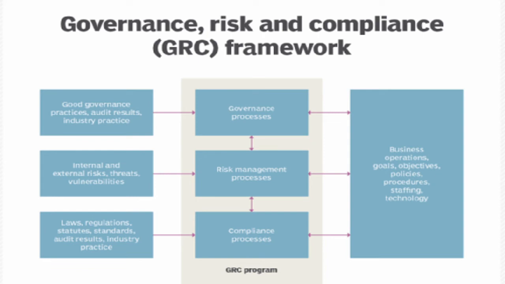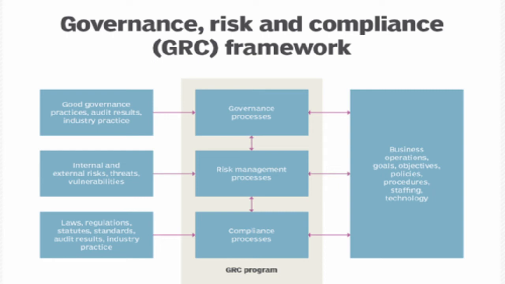So this is the framework of how the governance, risk and compliance GRC framework will work. These are the normal things, nothing special here. The governance process, risk management process, and the compliance process. As mentioned, GRC: G for governance process, R for risk management process, and C for compliance process. In the governance process, we are handling good governance practices, audit results, and industry practices.